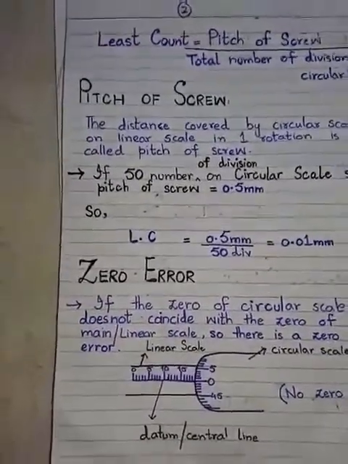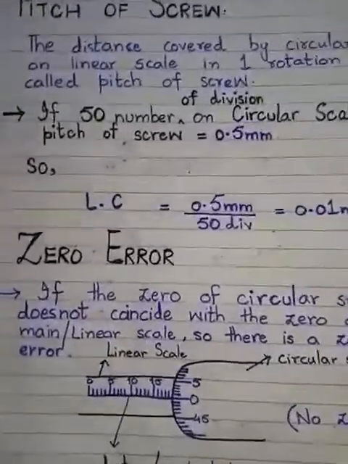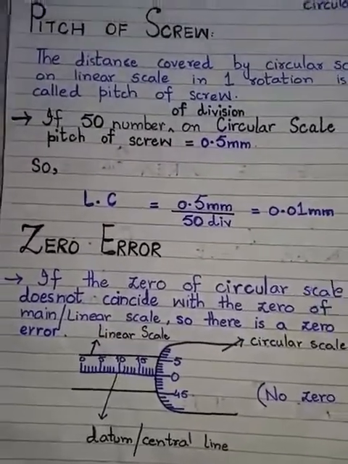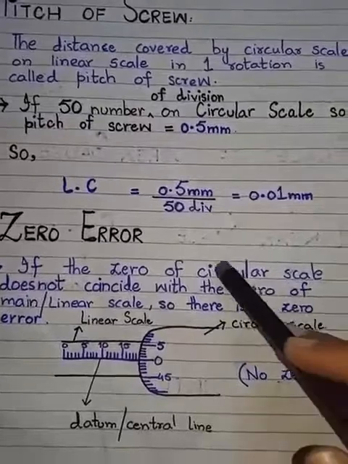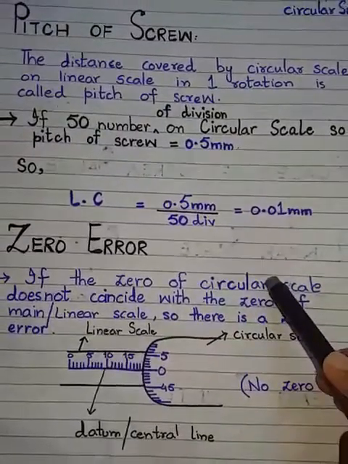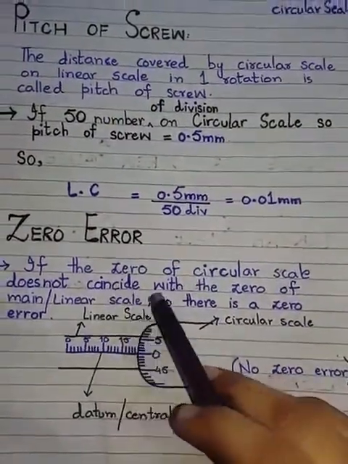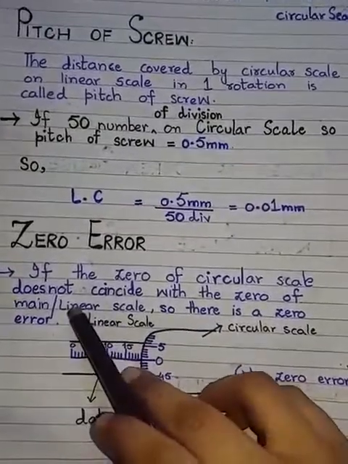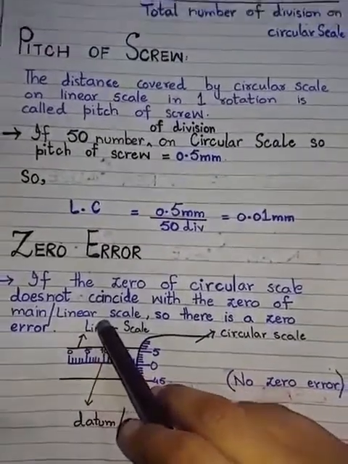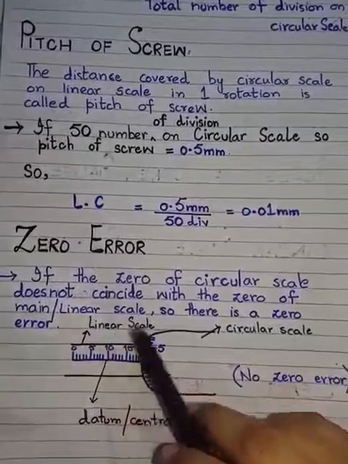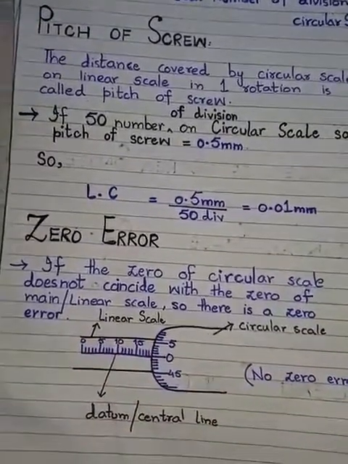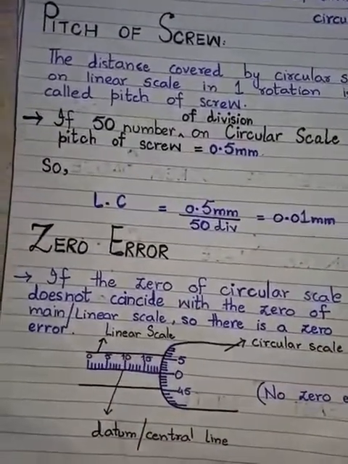What is the zero error of the screw gauge? The zero error of the screw gauge is defined as follows: if the zero of the circular scale does not coincide with the zero of the linear scale or main scale, then there is a zero error in the screw gauge.